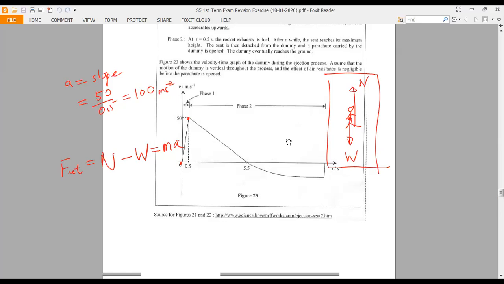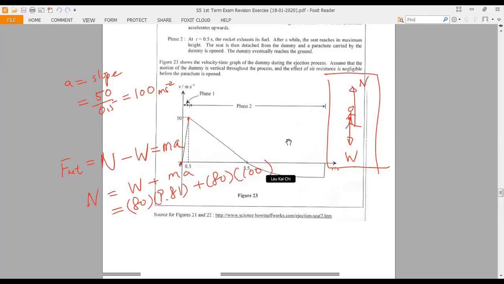So, since you're looking for the normal force from the ejection seats, it would become the weight plus ma.